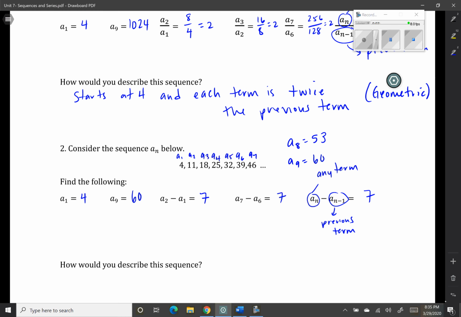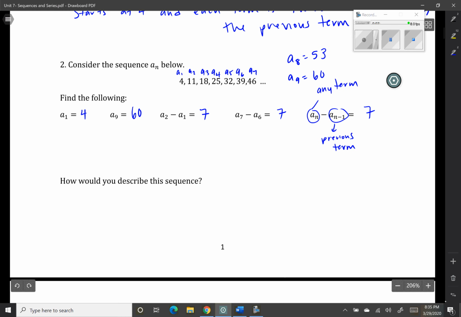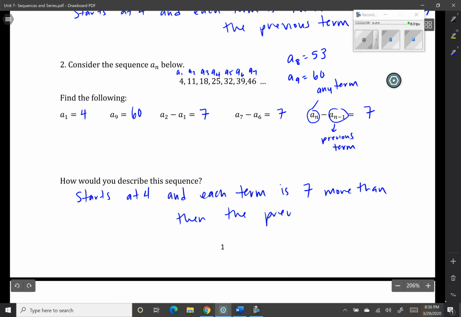So if I was to describe the sequence, I'd say it starts at 4 and each term is, not 4 more, sorry, 7 more than the previous term.